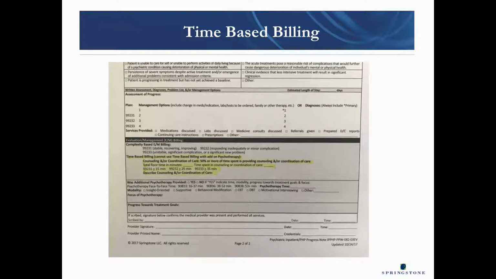Then you put the modality of the psychotherapy provided, as well as the focus of the psychotherapy, what you were actually doing in the psychotherapy, and what progress the patient made towards treatment goals, specifically psychotherapy treatment goals there. Okay?